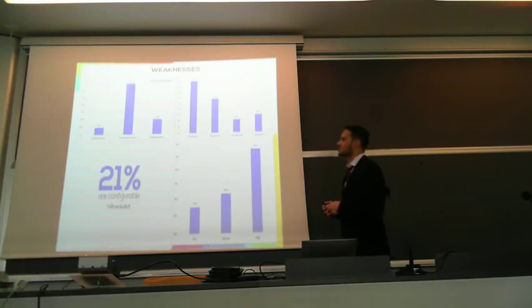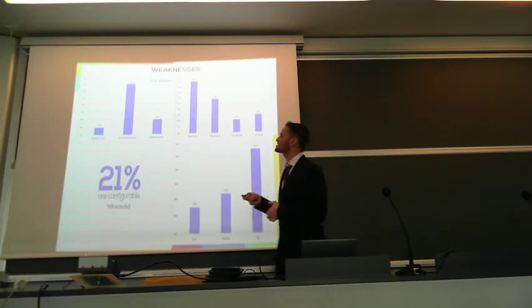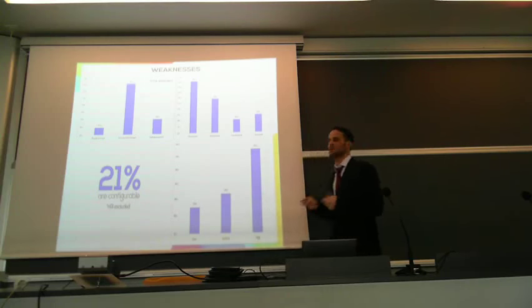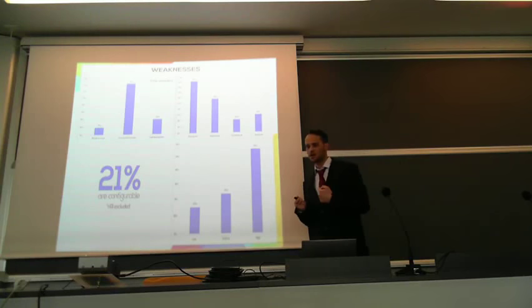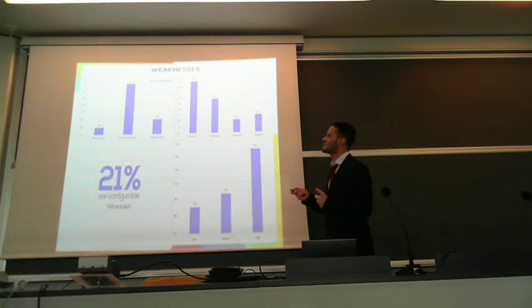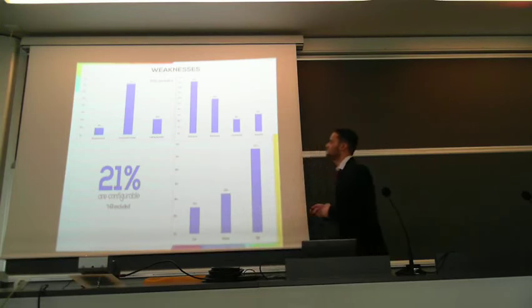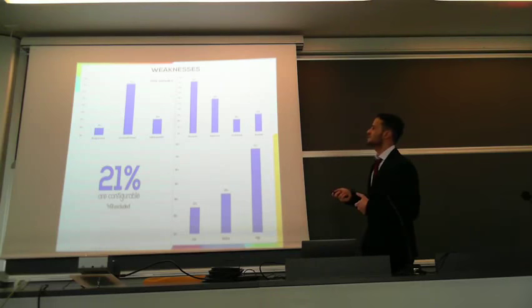But then if we focus on the weaknesses, we can find again that almost 80% of them are functional prototypes. They're not publicly available. So they say, okay, this technology is working, but how many people are using that technology? Not so many, just 19% of the solutions that have been in the research are going out in the market.